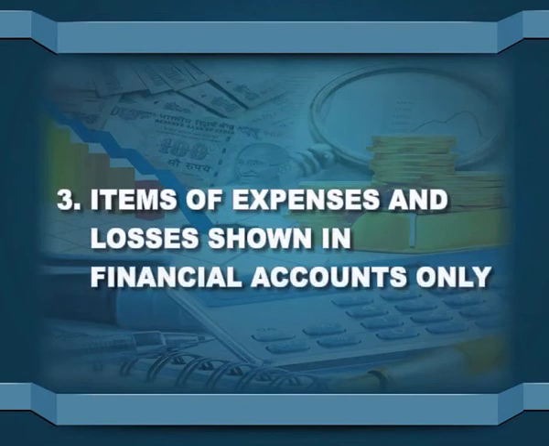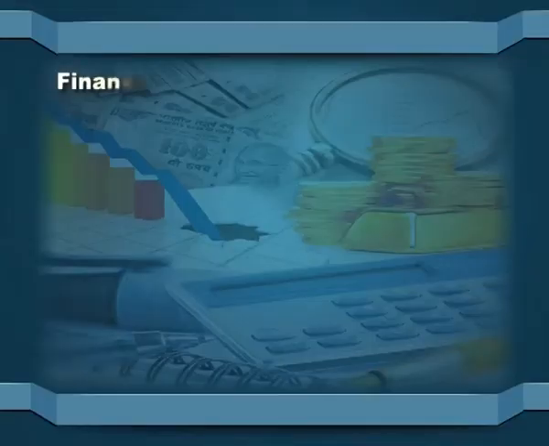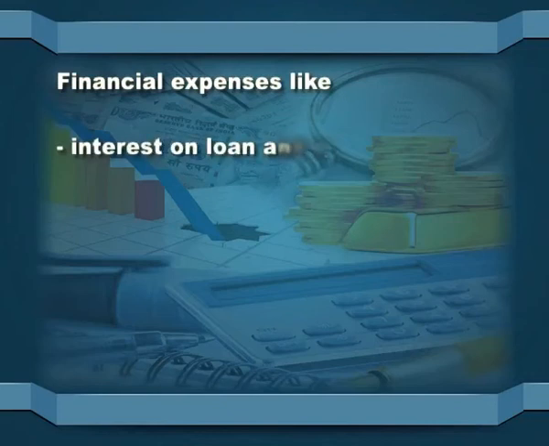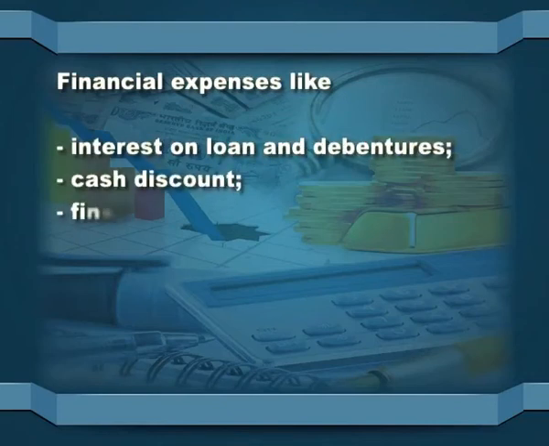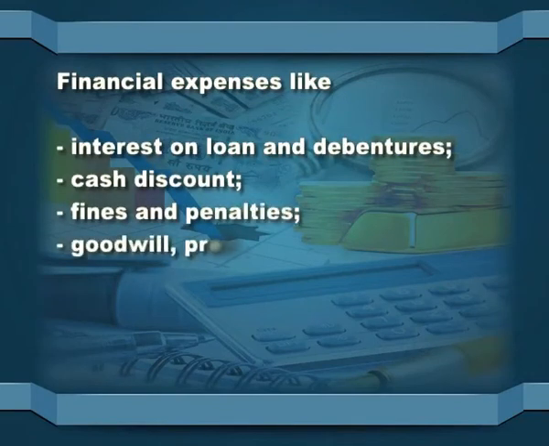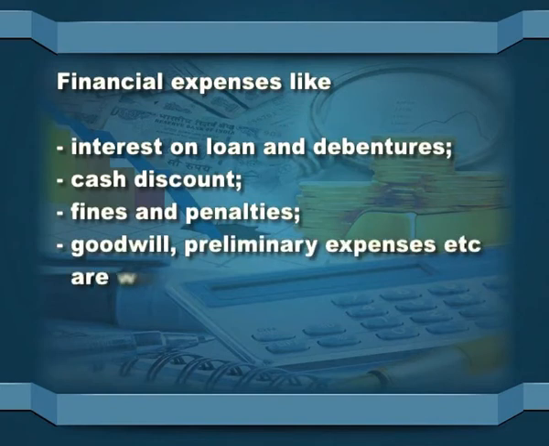Number 3. Items of expenses and losses shown in financial accounts only. There are many items of expenses and losses which are shown in the financial accounts only but not in cost accounts. For instance, financial expenses like interest on loan and debentures, cash discount, fines and penalties, goodwill, preliminary expenses, etc. that are written off.